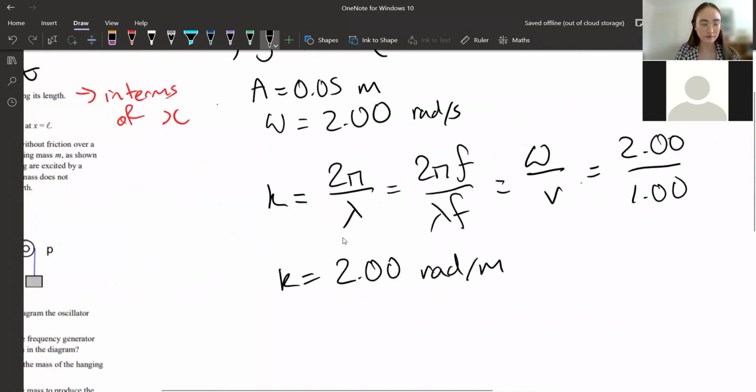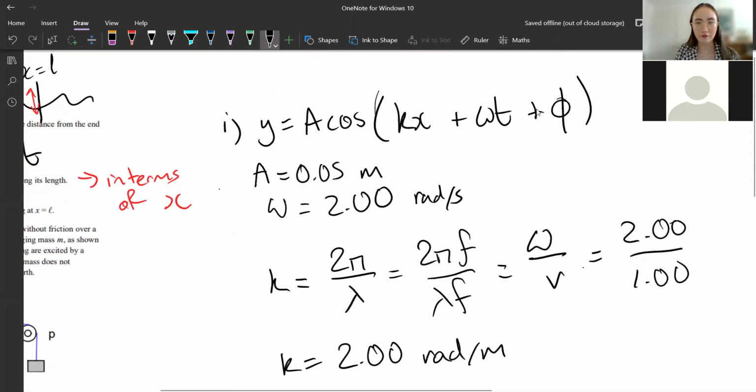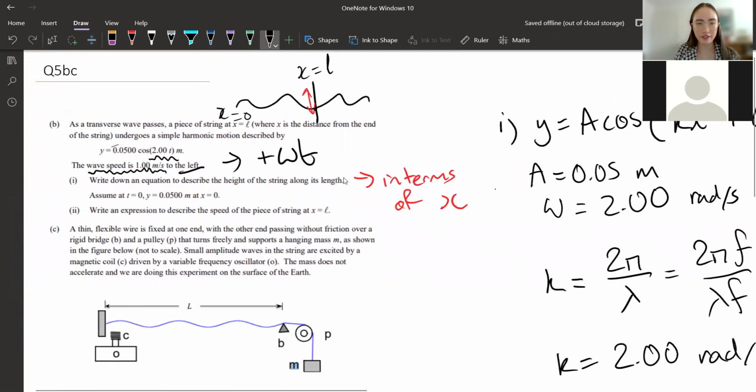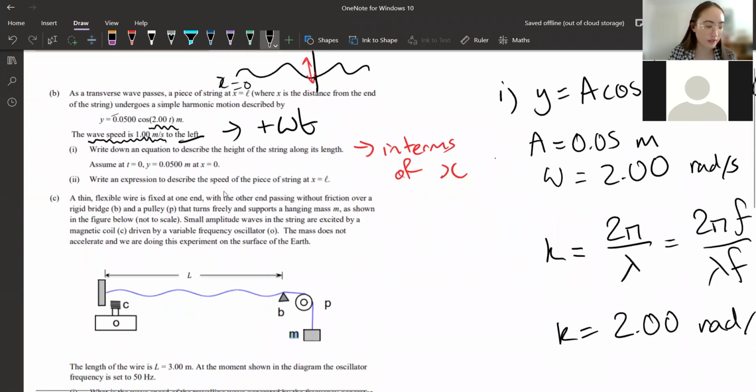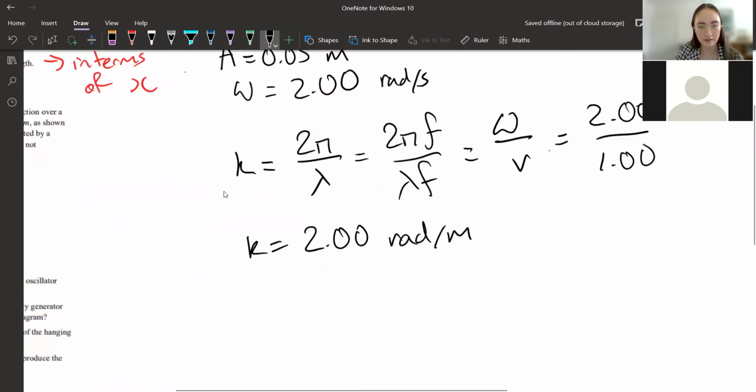And so now we just need to find our phase value. And we can find that by looking at our initial conditions. So we can assume these values here: at t equals 0, y is equal to 0.05 meters, and x is equal to 0. So let's stick that in.